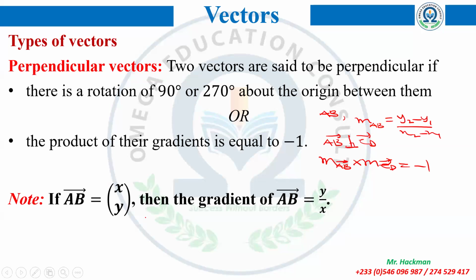Do you agree with me, or should I demonstrate why that is the situation? Even the formula will tell you; we haven't done that, so we'll do that today. If I give you the vector AB and you want to use the points, you do vector OB minus vector OA.